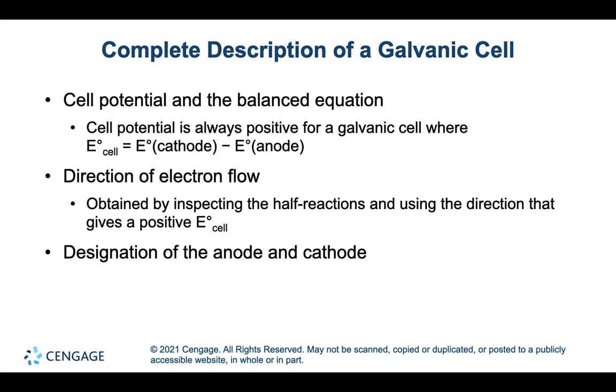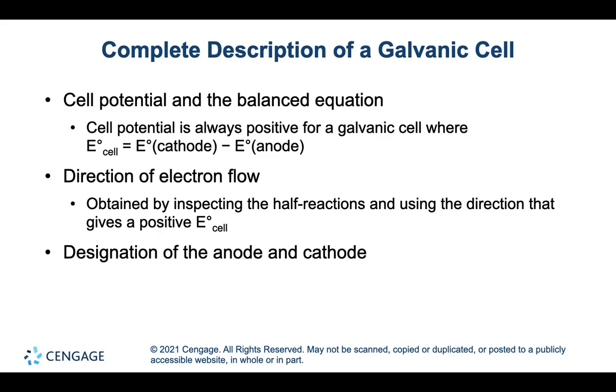Your anode is where oxidation is occurring. That side is going to lose electrons. The cathode is where reduction is occurring. That side is going to need electrons to flow into it from the wire. And so generally what we are able to show is that the direction of electrons is from anode to cathode.